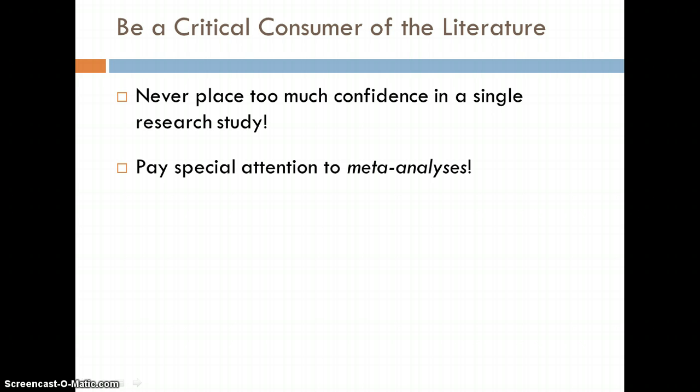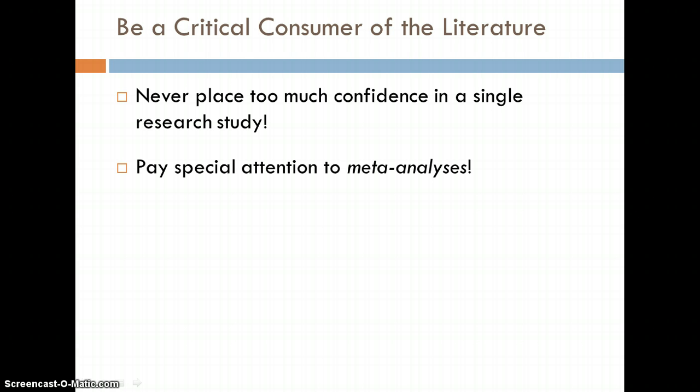Number one, never place too much confidence in a single research study. You should place much more confidence in a research finding that has been replicated. That means it has been empirically validated, or there is evidence that supports a particular point, problem or result in many different research studies.